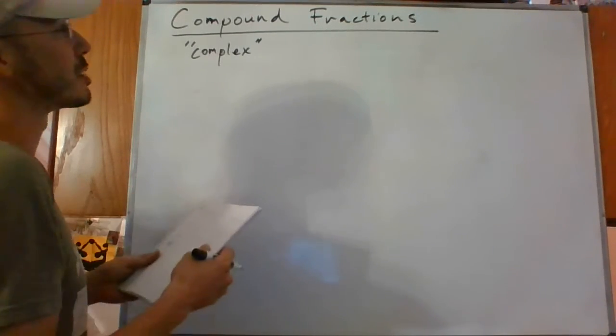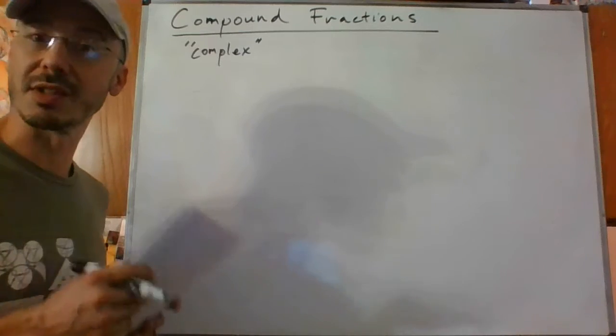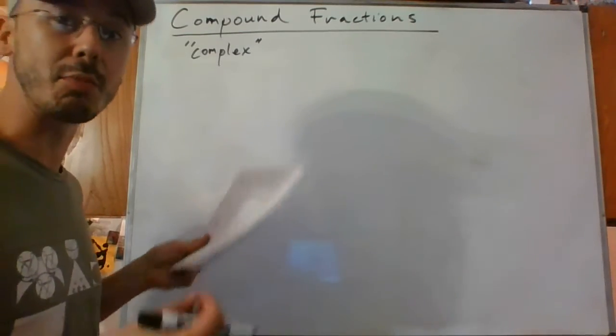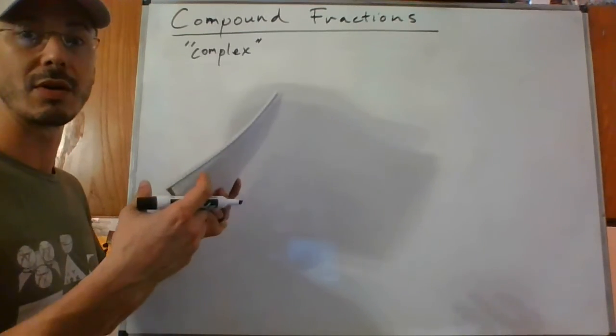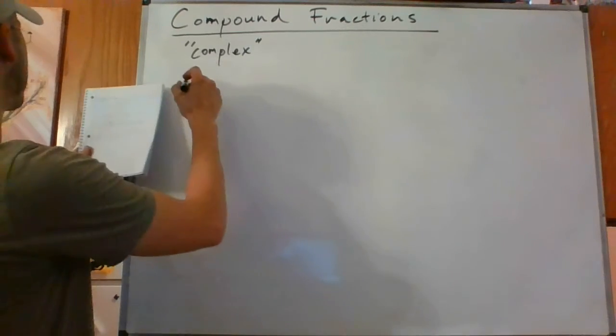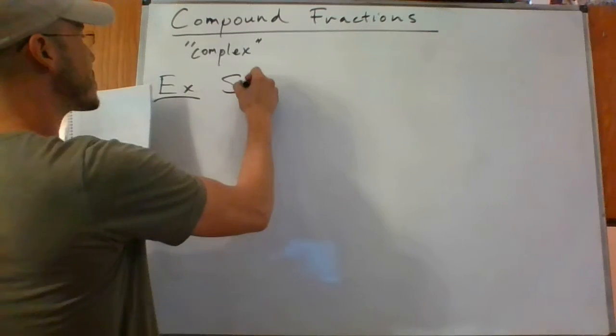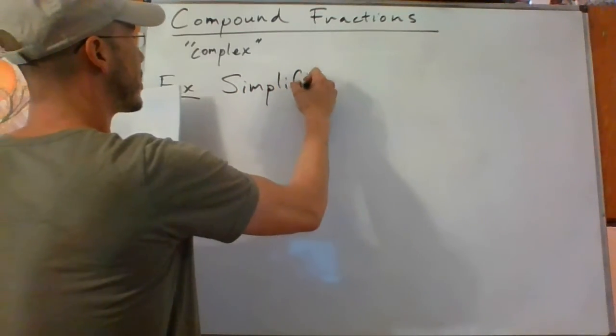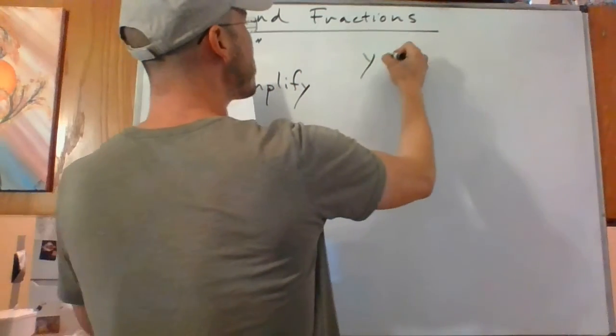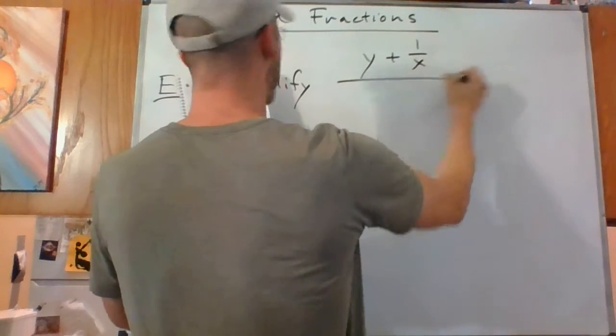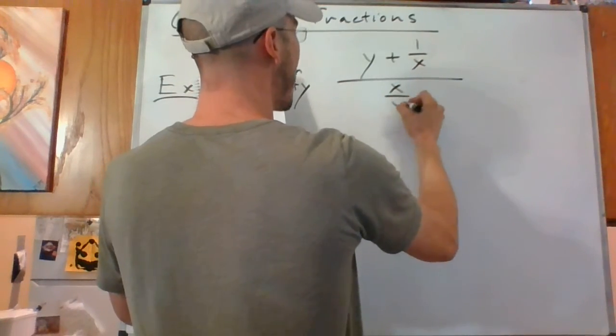But it basically means that we have fractions with fractions in them. Either the numerator or the denominator or both are fractions. Here's an example where we'll simplify y plus 1 over x, over y.